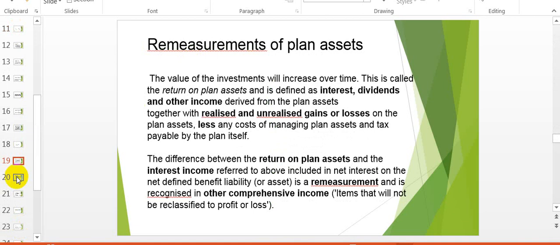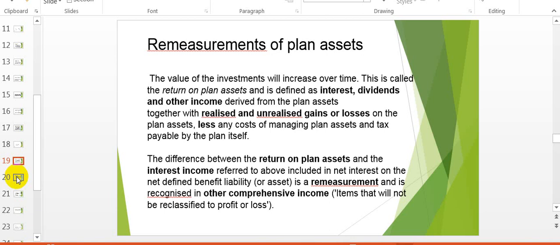Just like under the plan obligation, you'll be given a closing balance on the plan asset. You will also be given an opening balance on the plan asset. Once you have accounted for any increases, which will be the interest, any dividends or other income derived from the plan assets, then you are going to get your total.